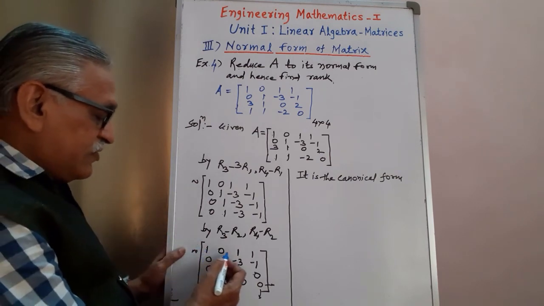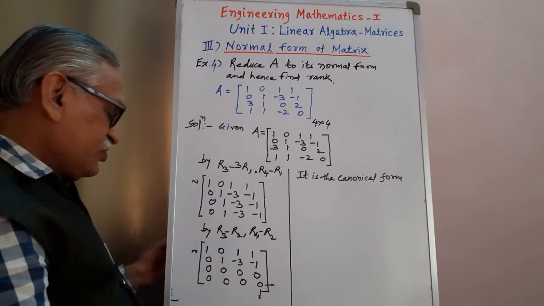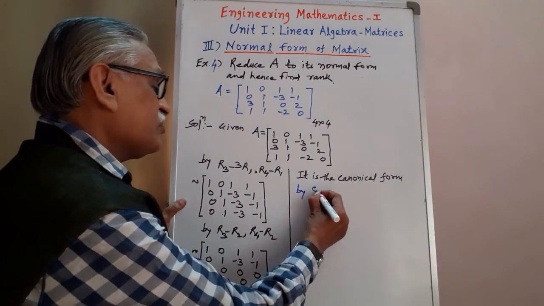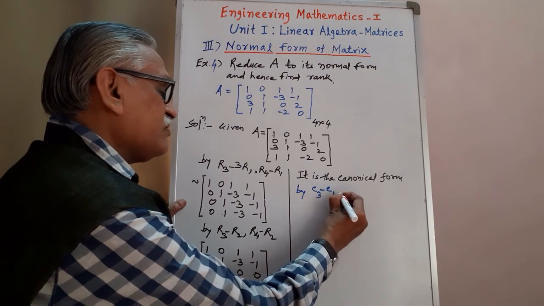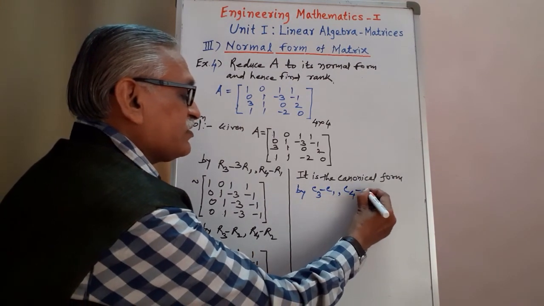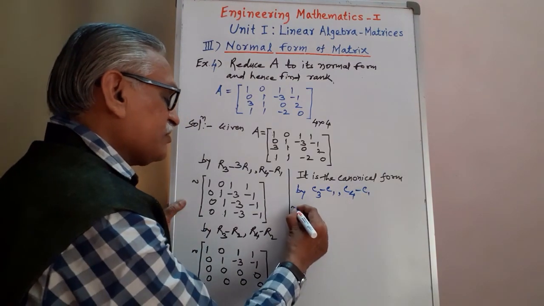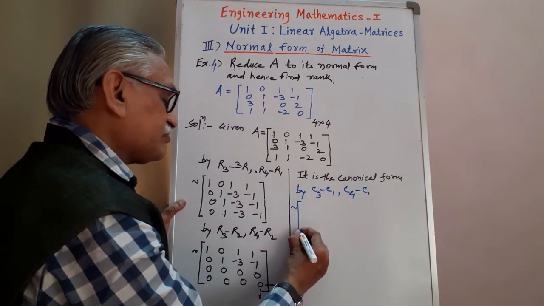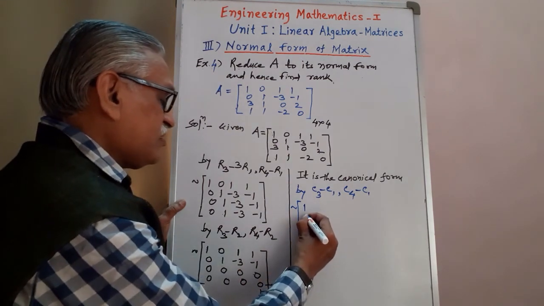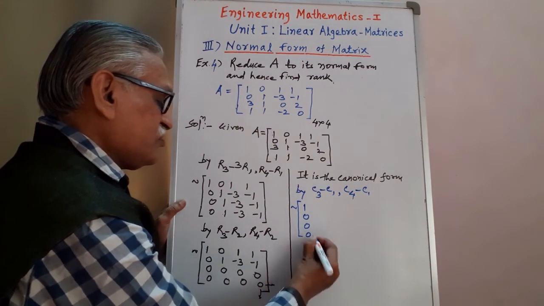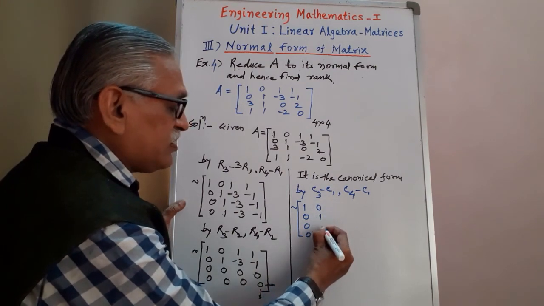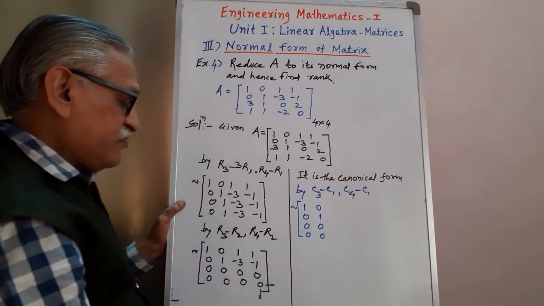Using this one, we try to convert this 2 to 0 by applying the transformations C3 minus C1, and 1 minus 1 is 0, we get C4 minus C1. By applying this, we write again column wise 1 0 0 0. Second column, no change: 0 1 0 0.